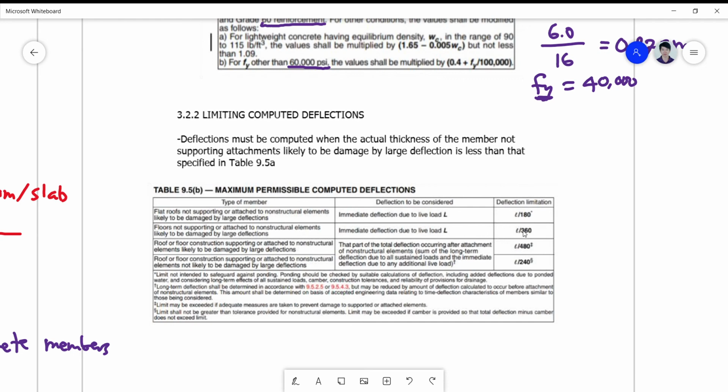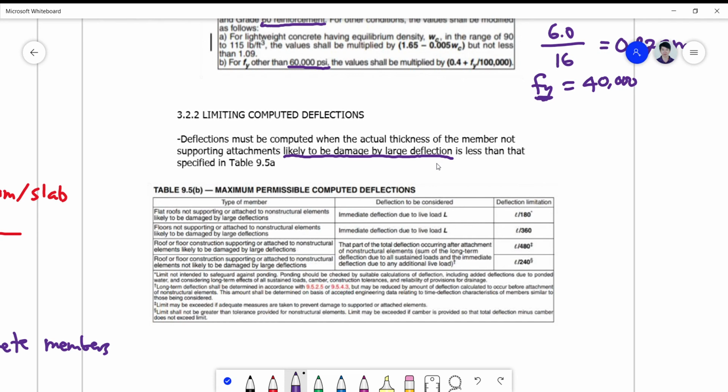These limits are a little bit confusing at first, so I'll explain this further later. But when do you use this table 9.5b? Whenever your member has some elements or attachments that are likely to be damaged by large deflection.